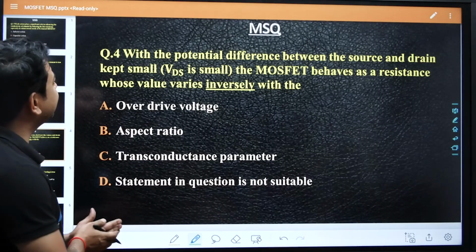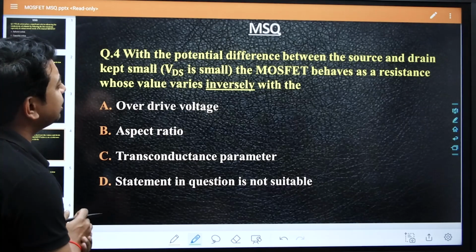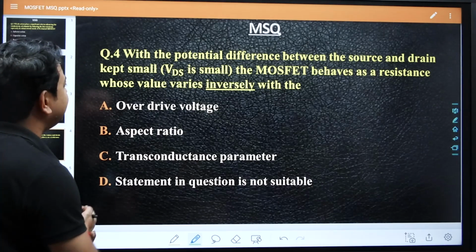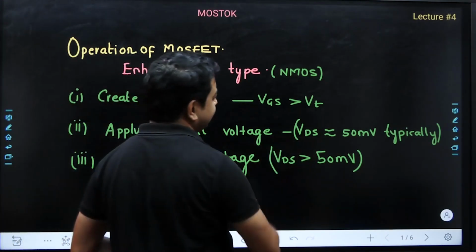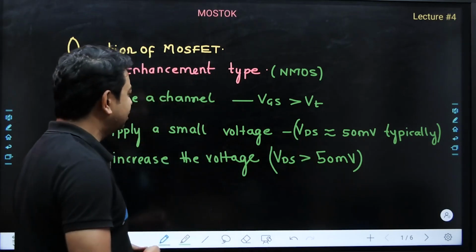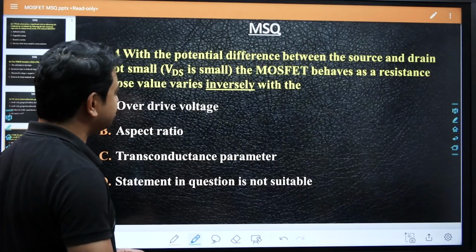Okay, what is the question here? With the potential difference between the source and drain kept small, that is VDS is so small, I have written here, we have applied a small voltage at the drain to source terminal.